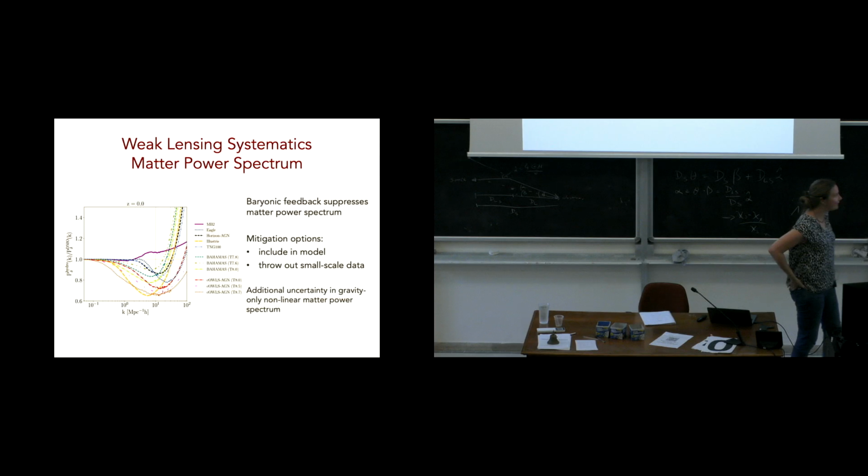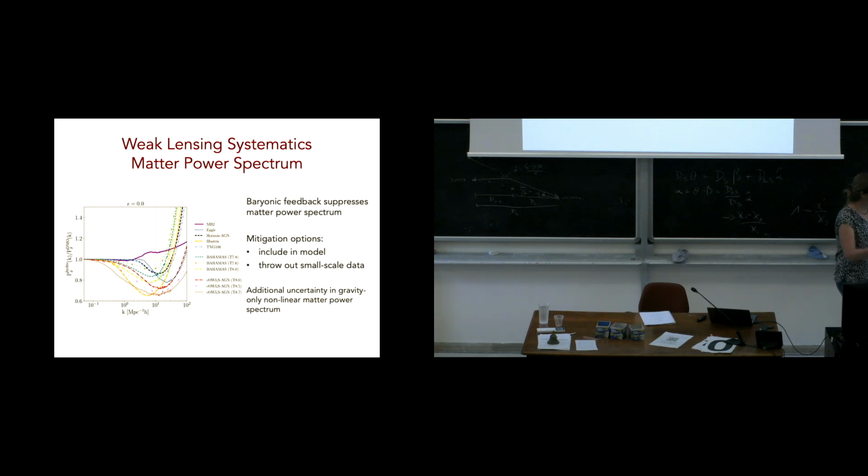Repeating basically a slightly different version of a plot from lecture 1. When we think about how to back out cosmology parameters from the matter power spectrum in the highly nonlinear regime, then we really have to worry about baryonic feedback processes. Showing here now an even extended compilation of different hydro simulations and how they modulate the matter power spectrum.